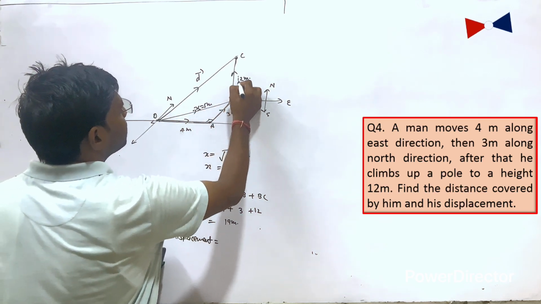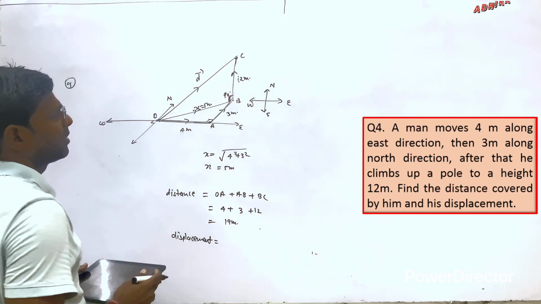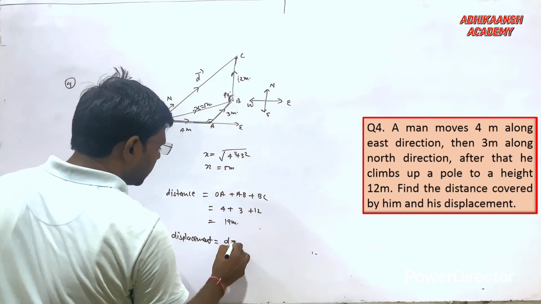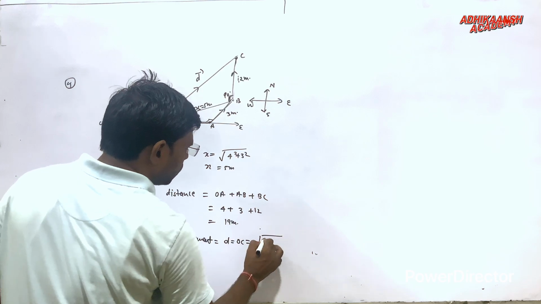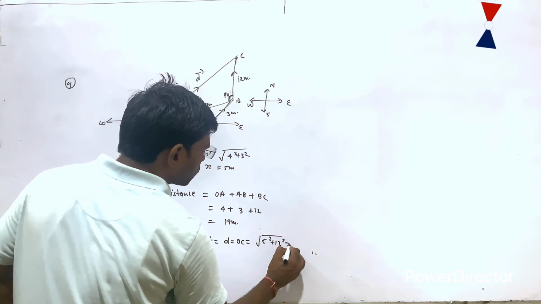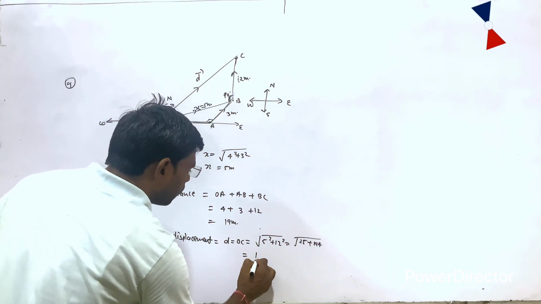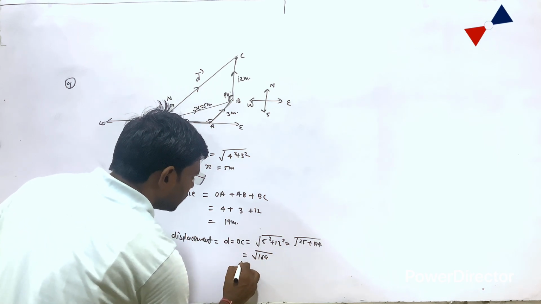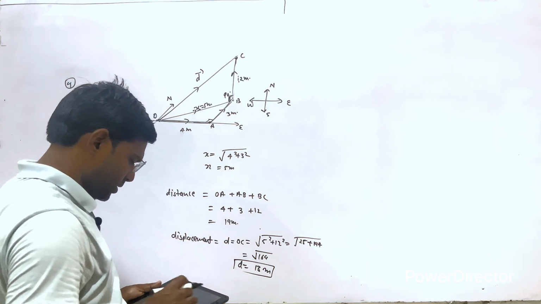If this is the 5, this is the 12, so this is the perpendicular, right? The right angle triangle. So the displacement is nothing but the OC, and it is root over 5 square plus 12 square. So this is 25 plus 144, equal to root over 169. So the displacement is 13 meter in this case. Are you getting?